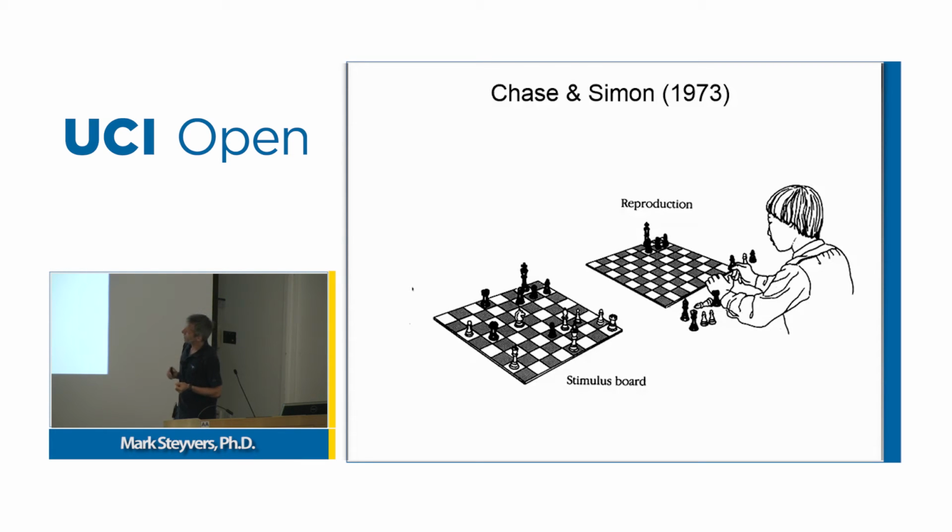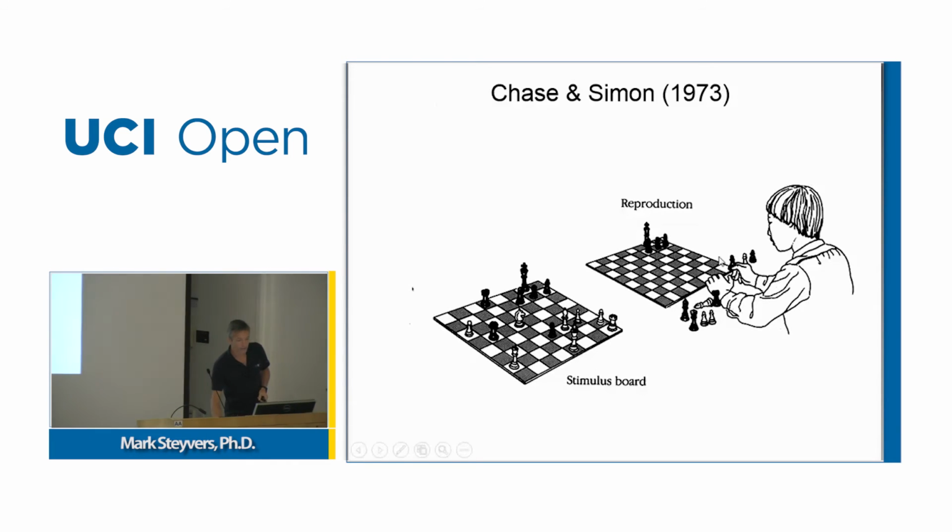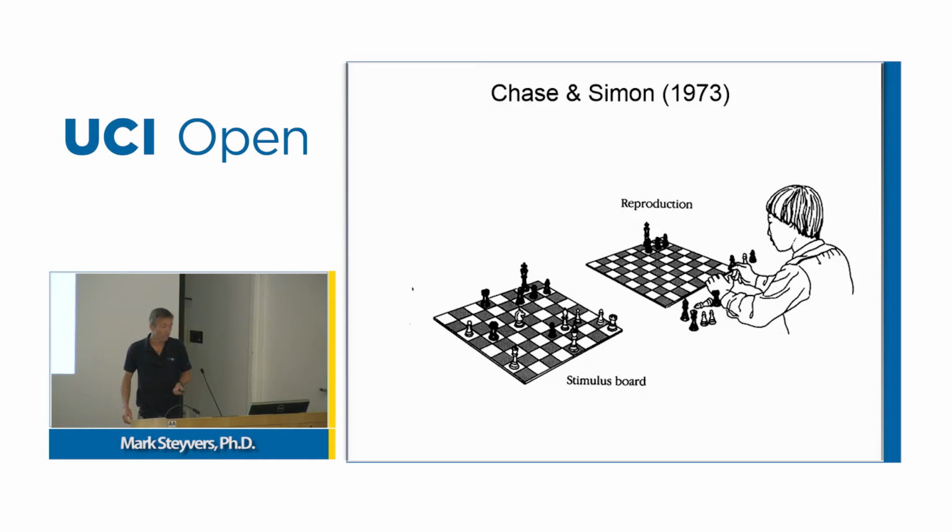So in this experiment, subjects were shown a stimulus board of chess pieces. And then they could study this stimulus board for a while. And then it's taken away, and then the subject has to reproduce the exact pieces, the exact places from memory. Right? So they actually don't see the stimulus board in front of them anymore.